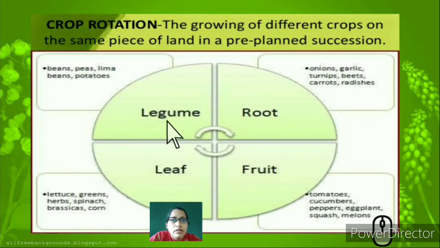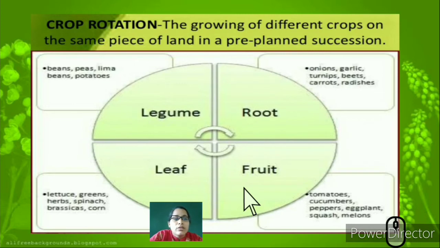that first there is a legume, that is beans, peas, potatoes, etc. Then it goes with the root crops, that is onions, garlic, turnips, beets, etc. Next it's a rotation of crops: first legume, then the root, then the fruits.